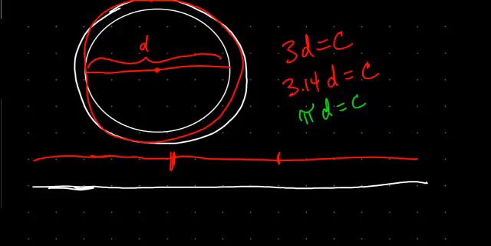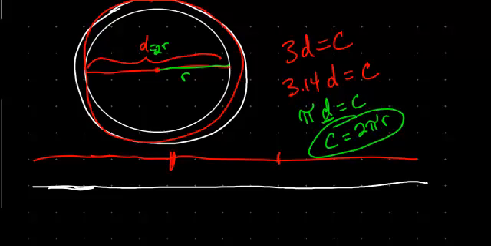Okay, and so usually you'll see it in this form, instead of writing diameter, so here's the radius, and the diameter equals 2r, and so the circumference of a circle C equals 2 pi times the radius, and that's where that comes from.